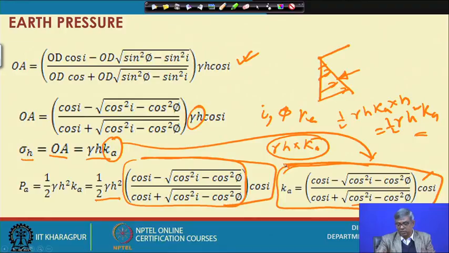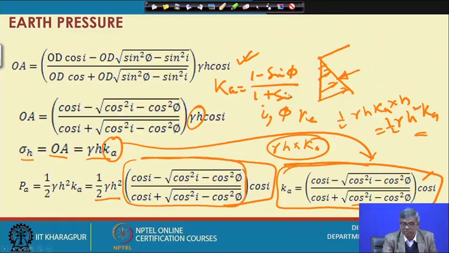This is a little bigger expression because of the i, but interestingly, if you put i equal to 0 here, then definitely you will get the same expression of Ka equal to 1 minus sin phi by 1 plus sin phi.